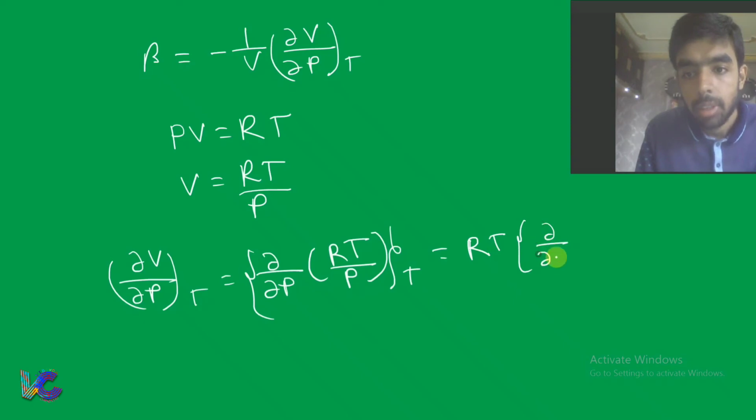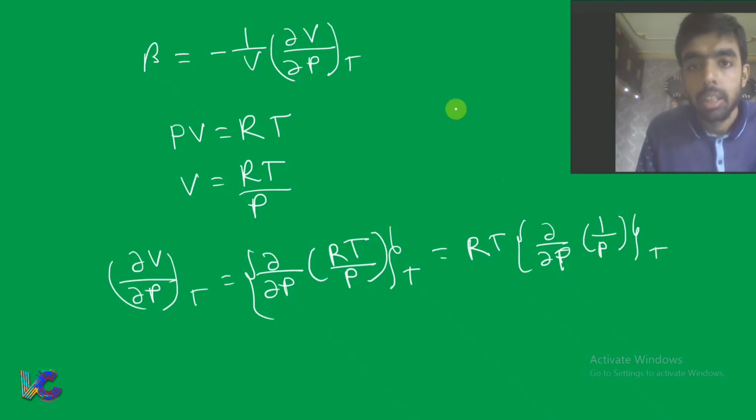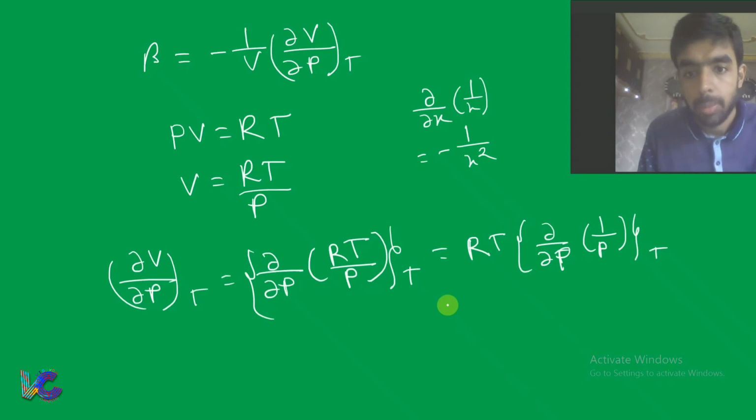Now you have del P of 1 by P at constant T. If you take the derivative of del X of 1 by X, you get minus 1 by X square. That means del P of 1 by P is minus 1 by P square. So this will be minus RT by P square.